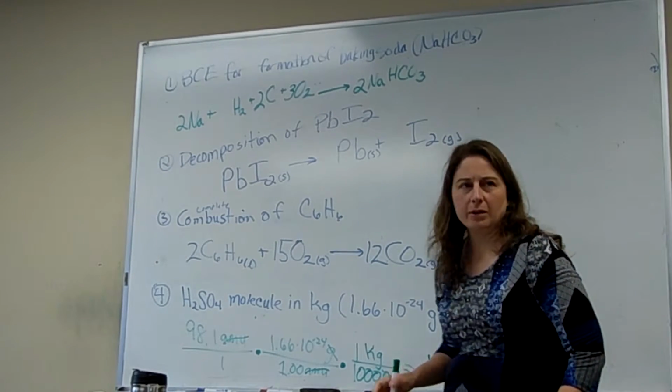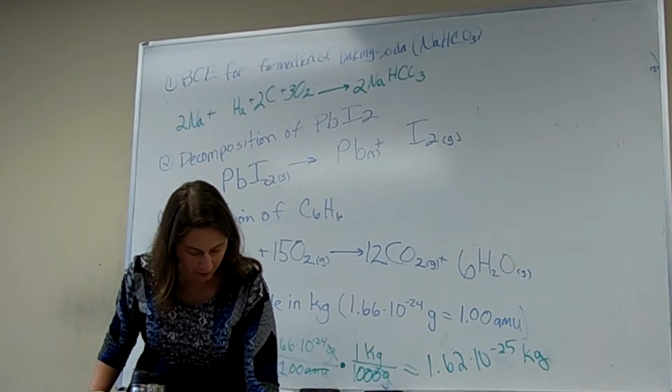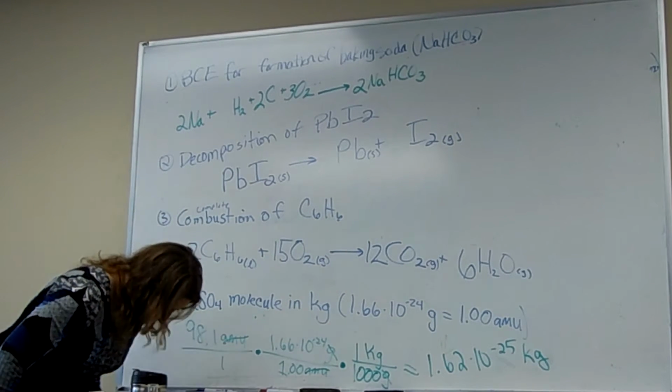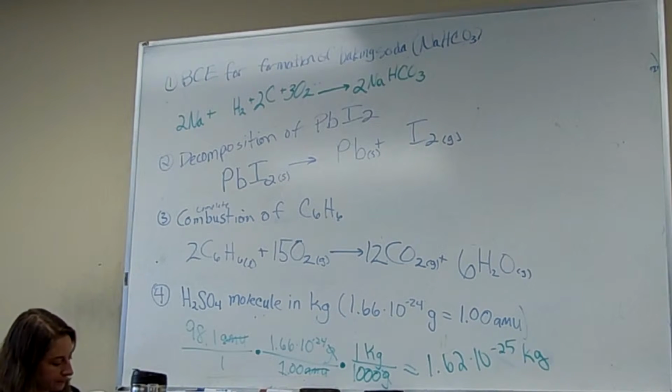Okay, so anyone have a different answer than I have? I got 1.63. 1.632, because I rounded to 3 significant figures after multiplying. Okay, let's see, 98.1 times 1.664 divided by 1,000.